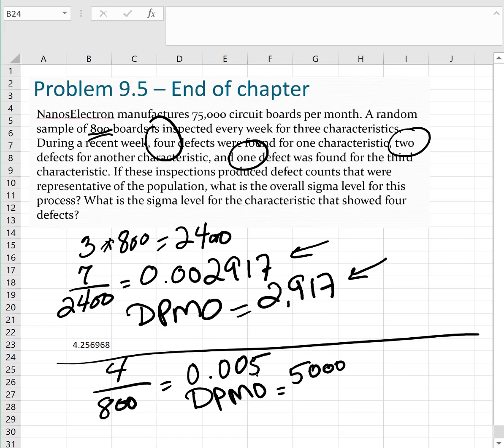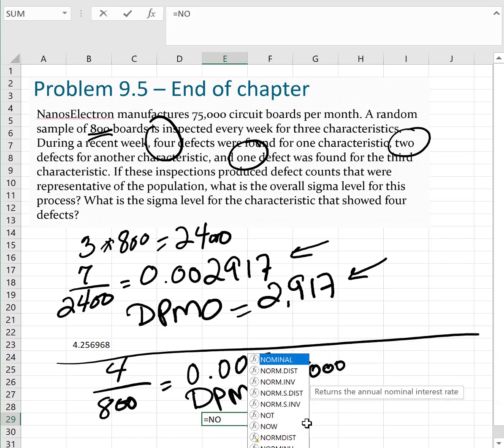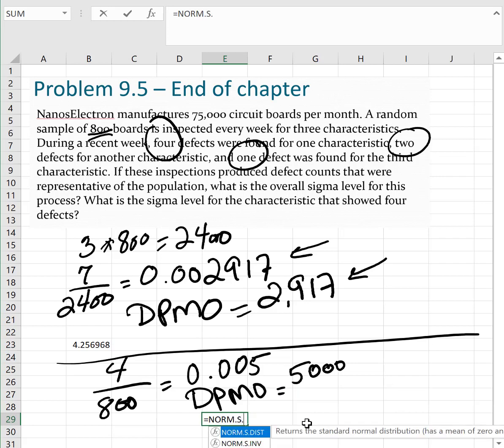With that, we can compute the sigma level. Again, NORM.S.INV of 1 minus 0.005 plus 1.5 gives us 4.076 almost, rounded.